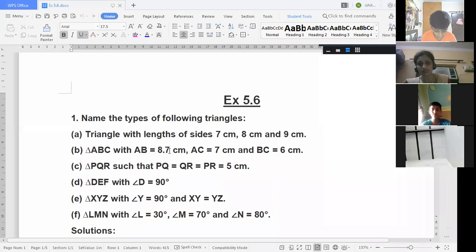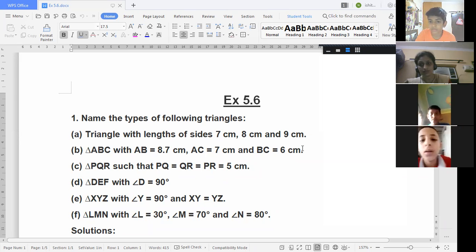All the sides, you can see all the centimeters are totally different. I told you there are 3 types of triangles, according to the sides and according to the angles. So which type of triangle is it if all the sides are different?